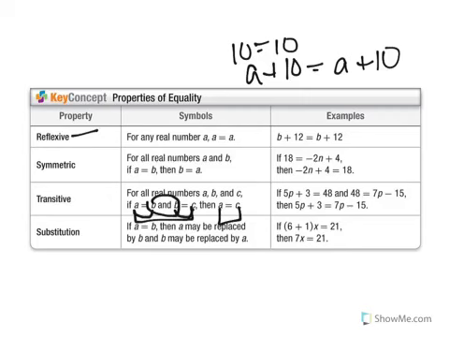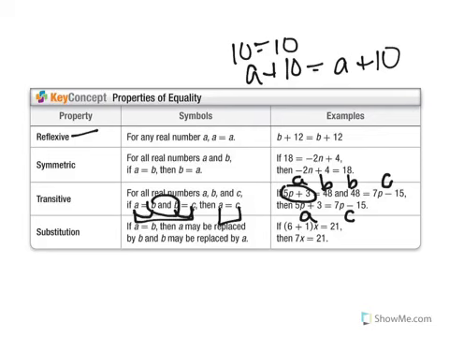So we can see here 5p plus 3, that can be A, is equal to 48, which is B. And then in the next statement it says 48, which we said was B, is equal to 7p minus 15. That's a new statement, so that's going to be C. So therefore, we have 5p plus 3, which we already named A, is equal to 7p minus 15, which we already named C. So that is an example of the transitive property.